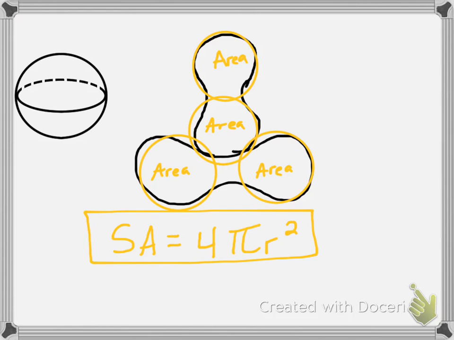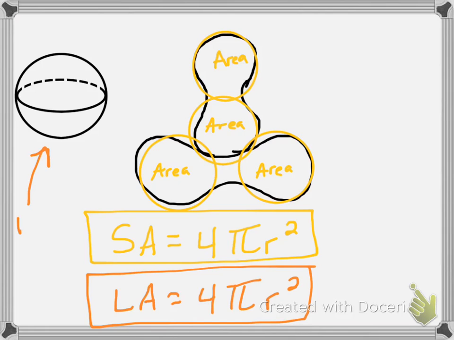Alright, now the sphere might be a little tricky, because there's only one piece to its formula. So how do we take off the bases? Well, if you remember something about spheres, they don't have any bases. So the lateral area is exactly the same as the surface area because there are no bases.